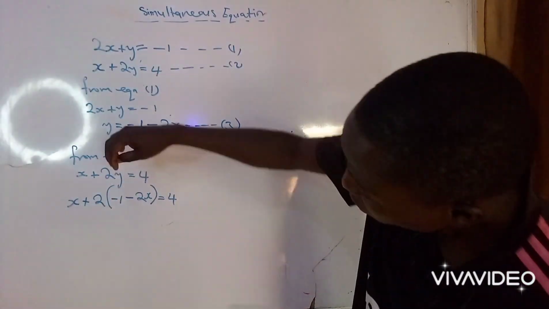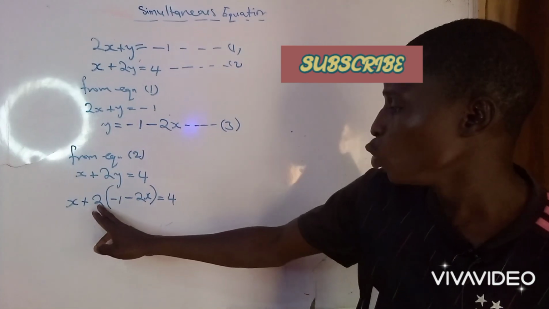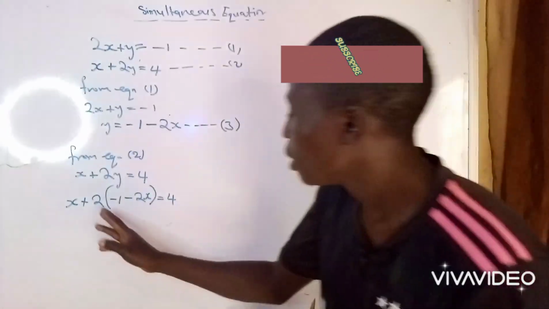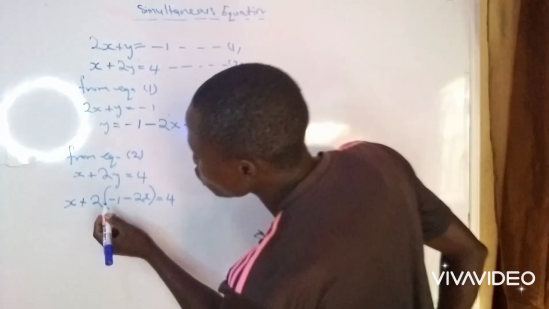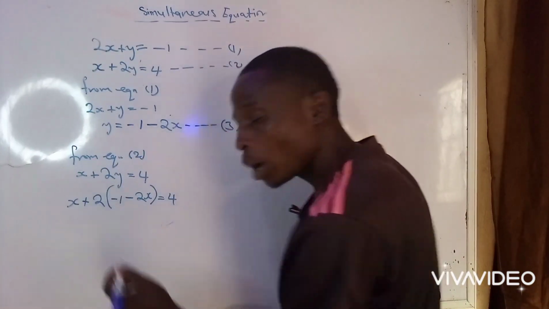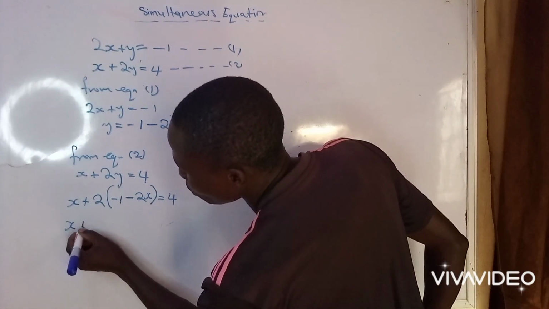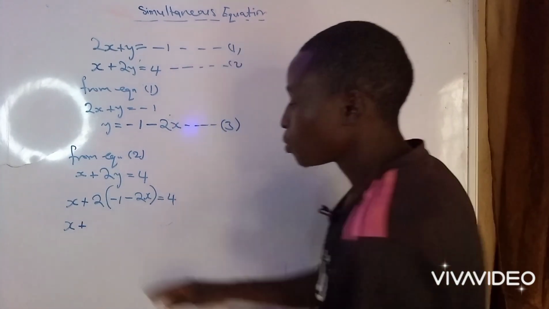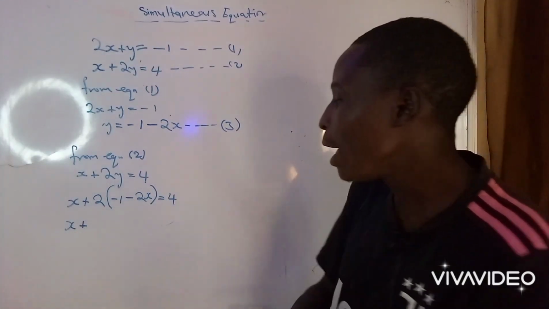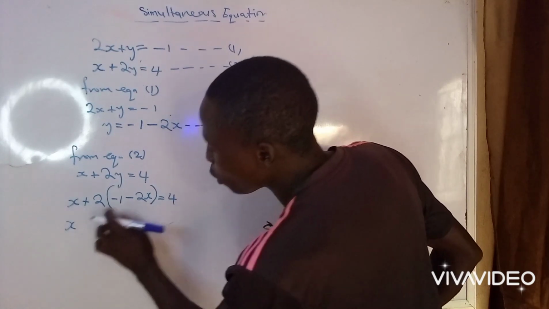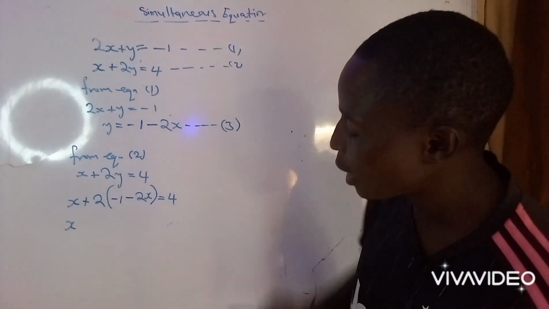The relationship between 2 and everything inside the bracket is multiplication, because there is no sign between the 2 and the bracket. So now x plus, these two will multiply everything inside the bracket.